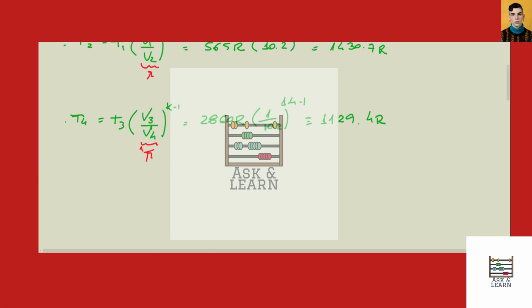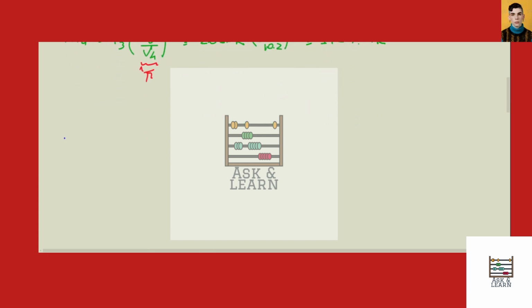Okay, well, now that we have the temperatures of this problem, we can finally calculate the net work. Therefore, the net work per cycle is going to be the Cv, which is 0.171, that multiplies the temperatures.